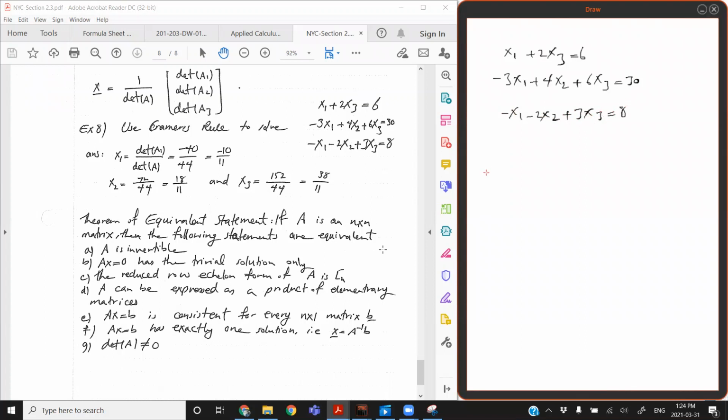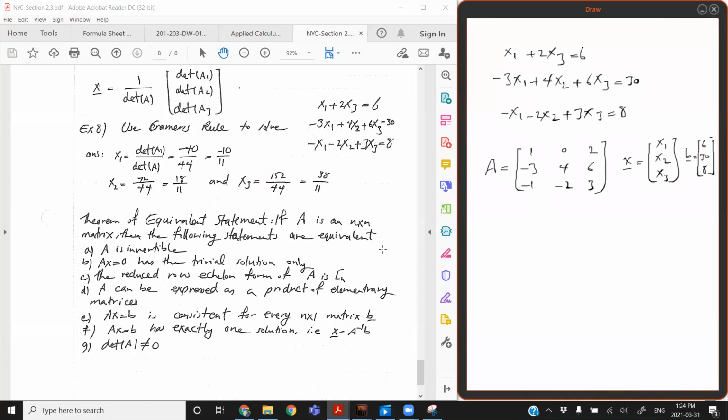So the matrix of coefficients A is going to be 1, 0, 2, negative 3, 4, 6, negative 1, negative 2, 3. That's A, the matrix of coefficients. The column matrix of unknowns in this case is x1, x2, x3. And the column matrix of constants is 6, 30, and 8.